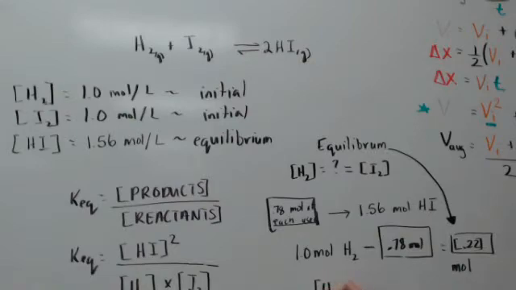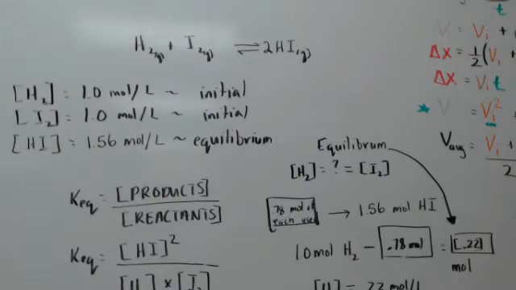So now this is what I know. My hydrogen concentration left is 0.22 moles per liter, and my iodine concentration left is also 0.22 moles per liter.